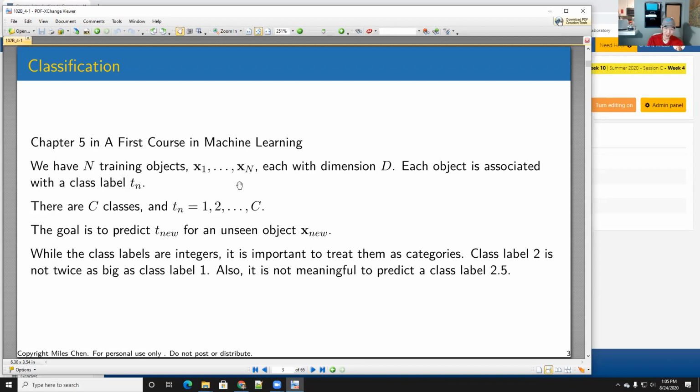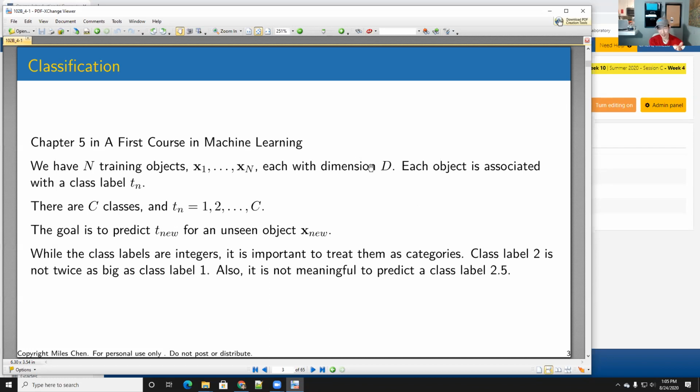So your objects are 4-dimensional, and each observation has four measurements. Each of those objects is associated with some kind of class label. For the iris data set, the class labels are the 3 species, which are Setosa, Virginica, and Versicolor.